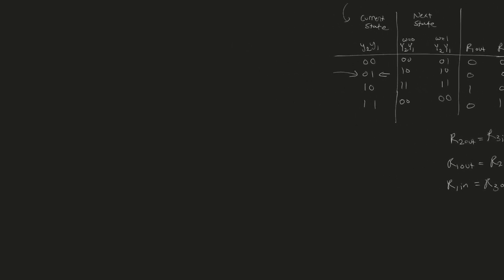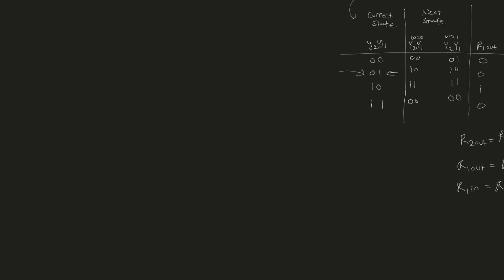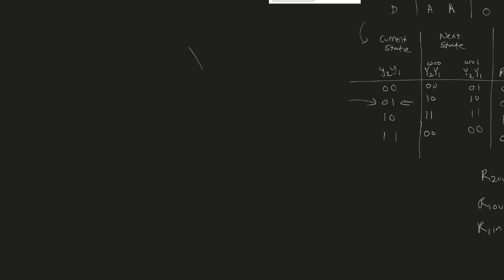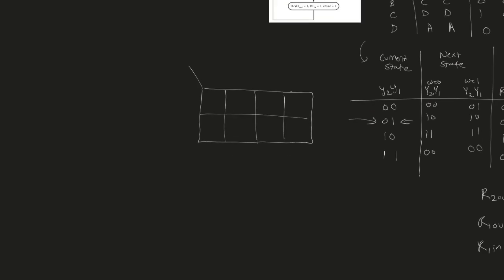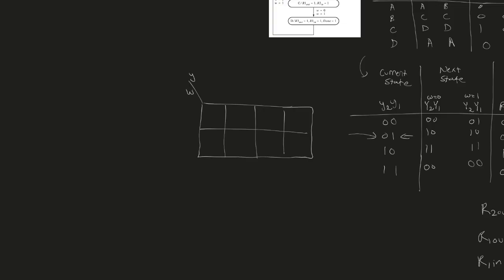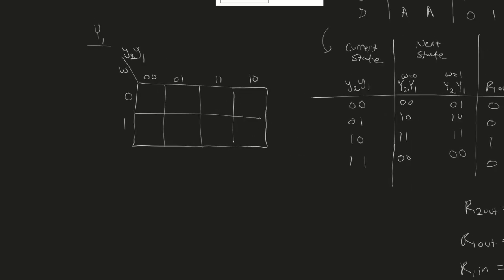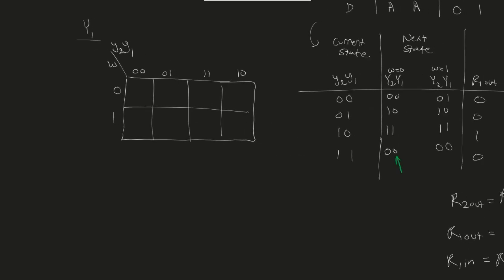Now we just need to do K-maps to get our uppercase Y values. So we'll do K-map. We'll do W here, then Y2, and then Y1. Then we do 0, 1, 0, 0, 0, 1, 1, 1, and 1, 0. Okay, so since this is for Y1, we're going to pretty much focus on this column.